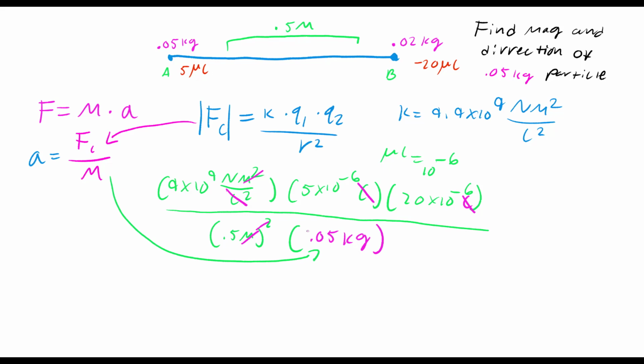So if you were to plug this into your calculator, you would have 9e9 times 5e-6 times 20e-6, over 0.5 squared times 0.05, right? And we end up getting 72 meters per second squared in the right direction.